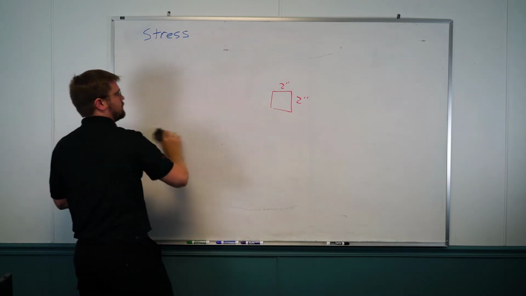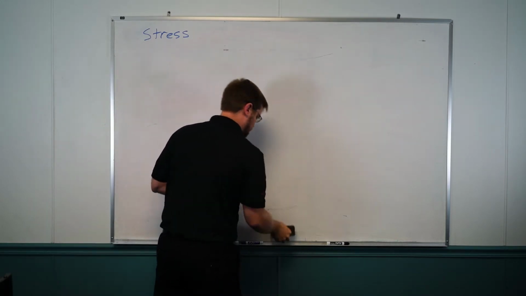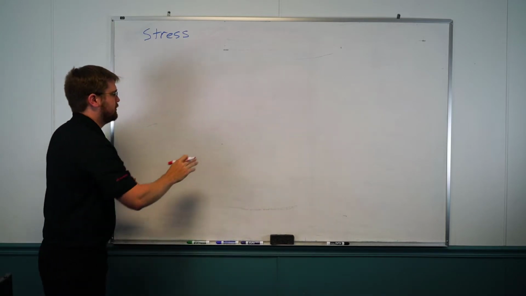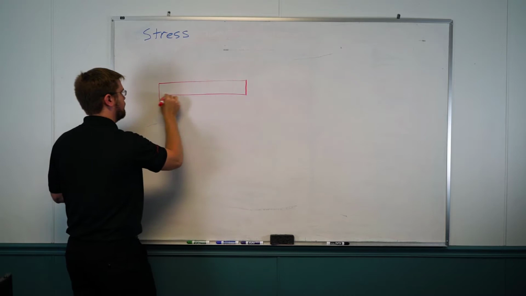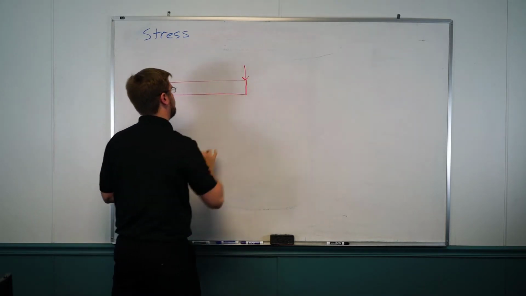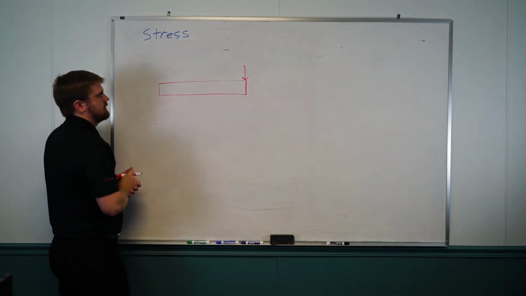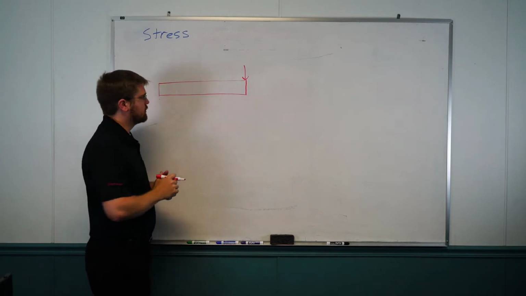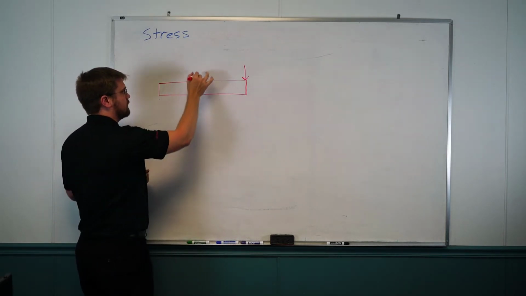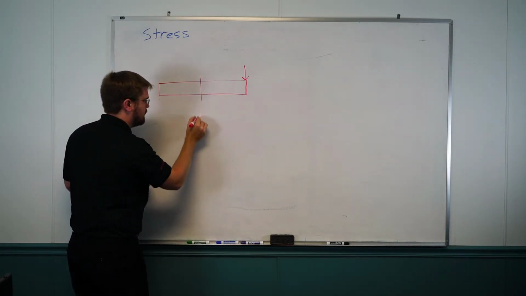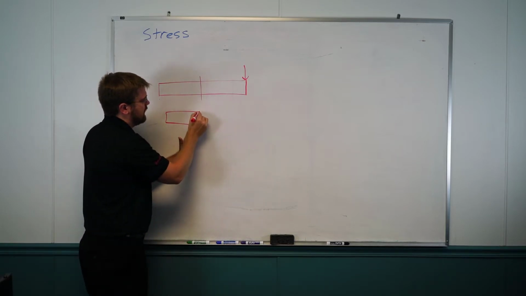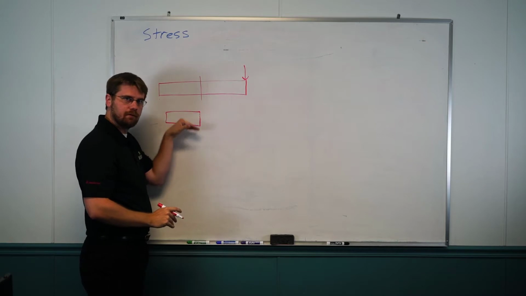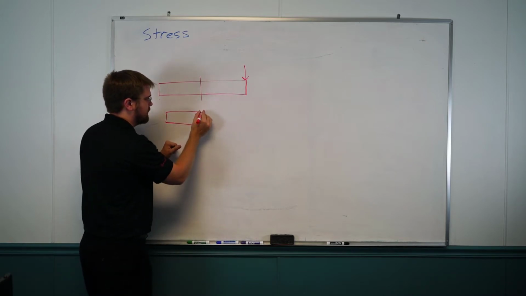Now, in this case, I've showed you axial stress. Other simple examples of stress: bending stress. If I have a beam and I bend it, a lot of times what we'll do in order to visualize what's going on inside of the structure, we'll section it. We'll look at this side of the beam and we'll see what the continuum of the beam is experiencing along this section.